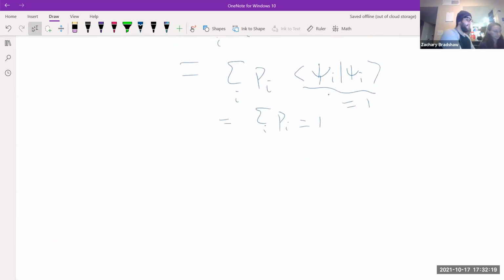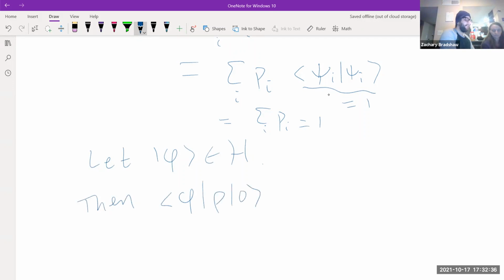Now we want to check that it's positive semi-definite. So we let phi be any vector in our Hilbert space. Then we sandwich rho between phi and itself. Then this is equal to phi, and then rho is the sum over i of p_i, psi i, phi. And we can push these phi's inside.